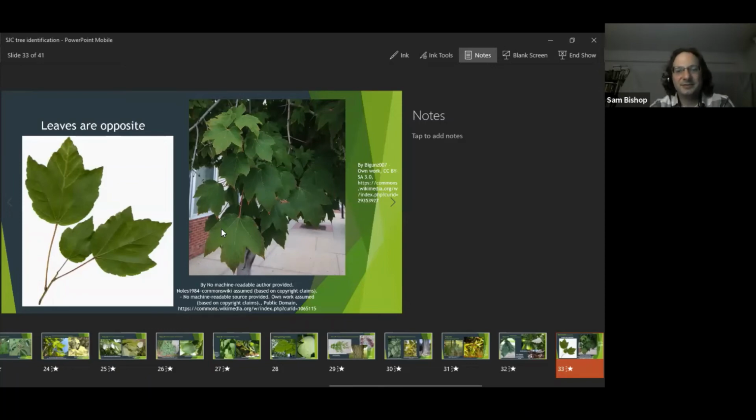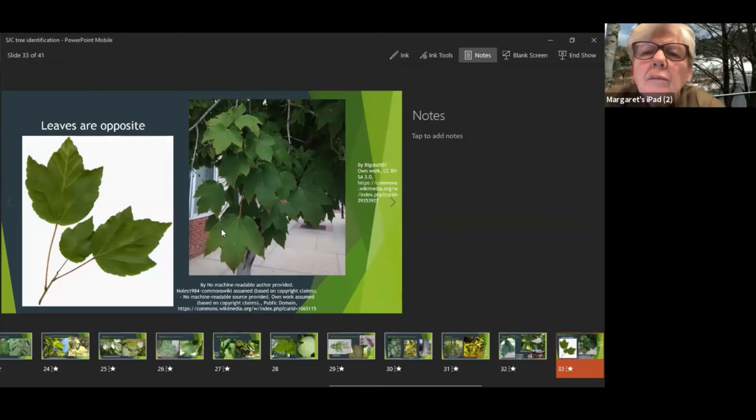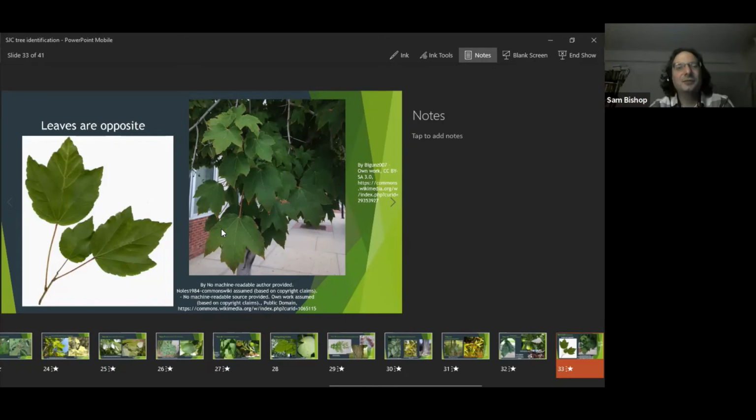Simple, absolutely. And what about the margins? Toothed, lobed, entire? Looks toothed. Toothed? Yep, toothed and technically lobed. So those big points again are the lobes. And palmately lobed, because again, if we follow those lines from the tip of the lobe back, they all come back to the same place.